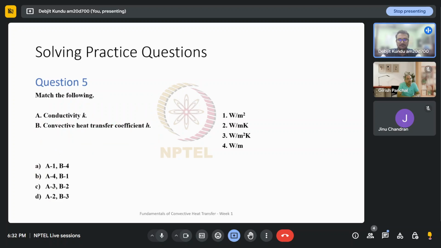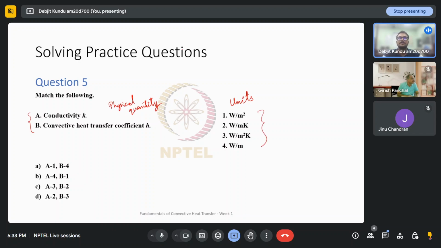Okay, so we'll move along to question number 5. This is a match the following type of question, which has two different physical quantities in the left hand column and units in the right hand column. So you'll see that there are two options on the left hand column and 4 on the right.